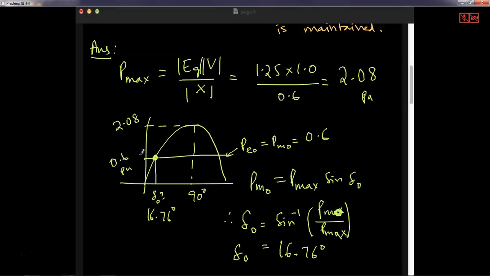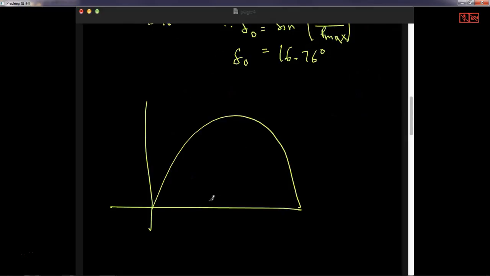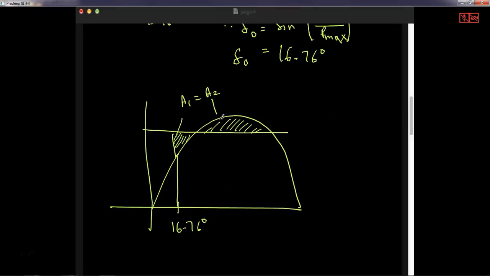Now my next question is how much I can go for step input such that I am still maintaining the stability. So in other words, I'll draw once again here. This is the 16.76 degrees angle. If I make these two areas equal, A1 equal to A2, in that case what is the delta max?